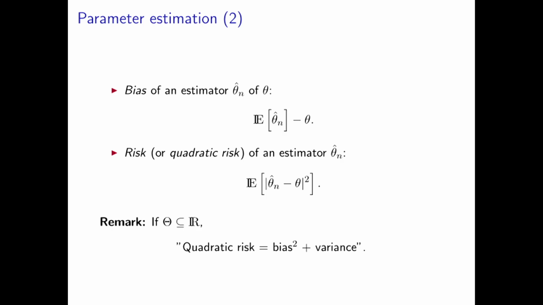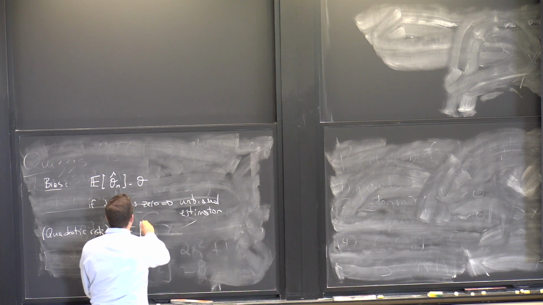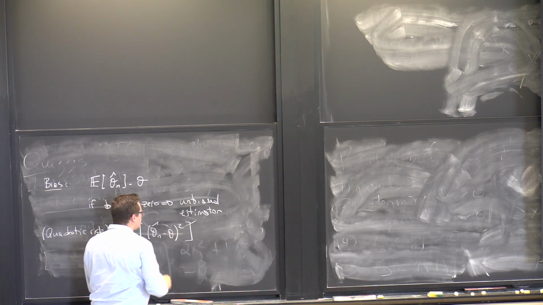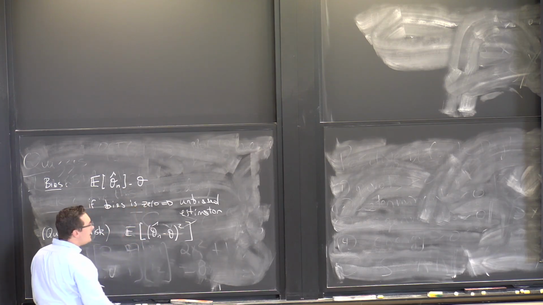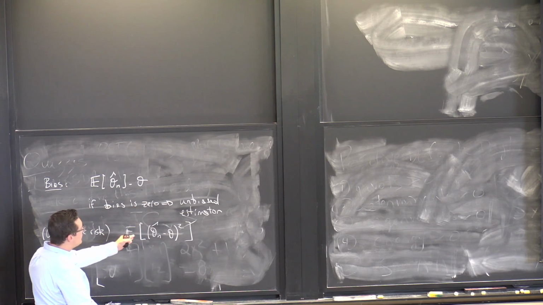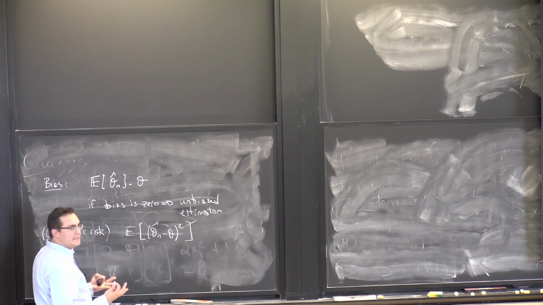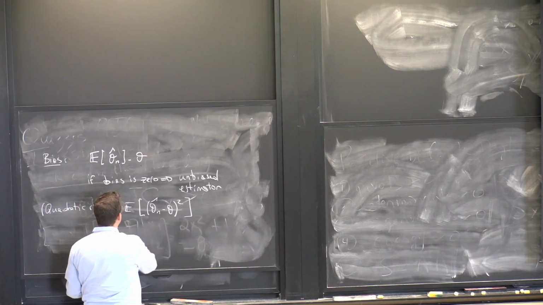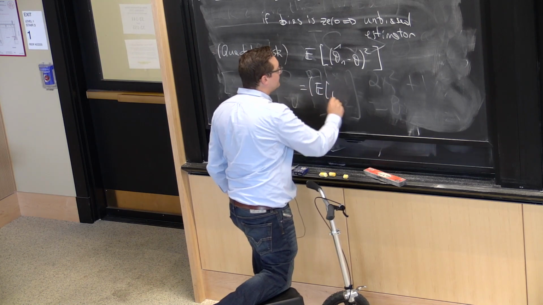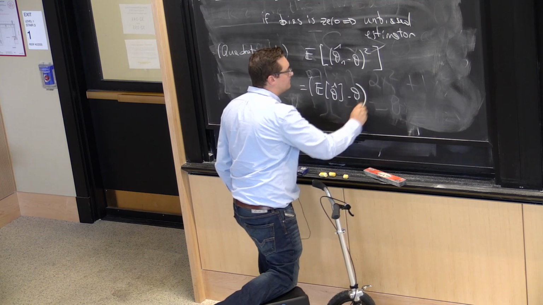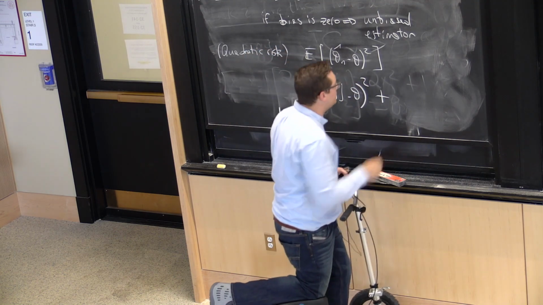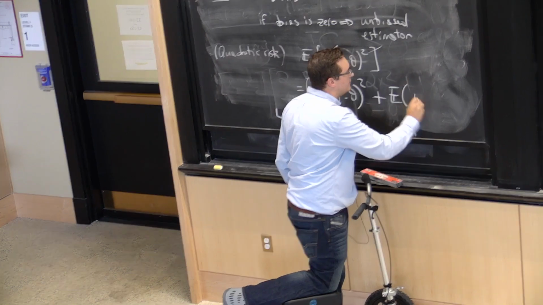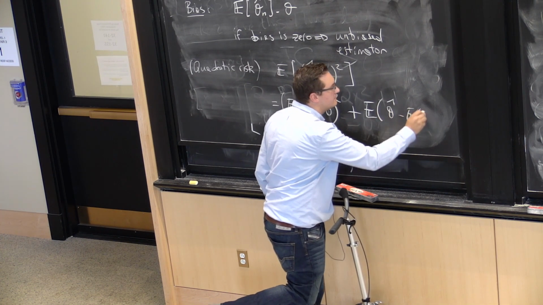Which is the expectation of, so if I have an estimator theta hat, I'm going to look at the expectation of theta hat n minus theta squared. And what we showed last time is that by adding and removing the expectation of theta hat in there, this can be decomposed as the square of the bias plus the variance, which is just the expectation of theta hat minus its expectation squared.